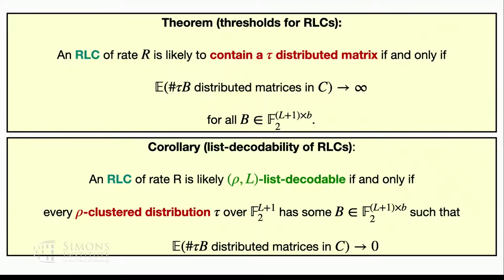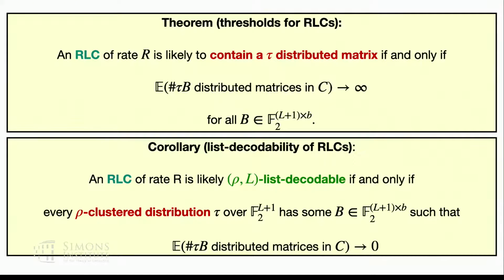So what can we do to show that the random linear code is list decodable with some parameters? We need to show that for every bad distribution, every witness distribution tau, the expected number of tau distributed matrices in C goes to 0, but that's not the only thing we can do.